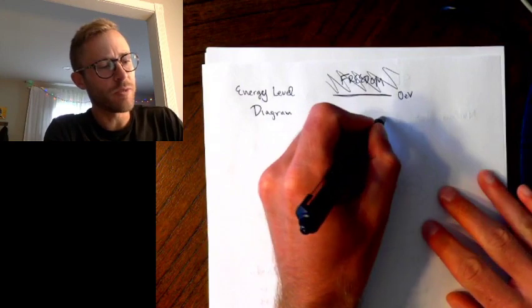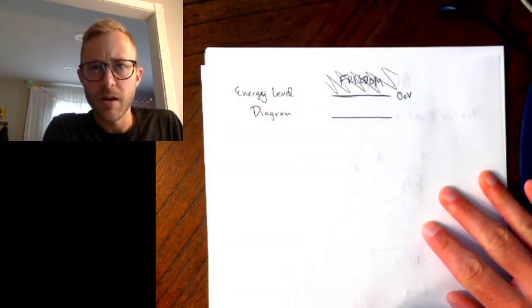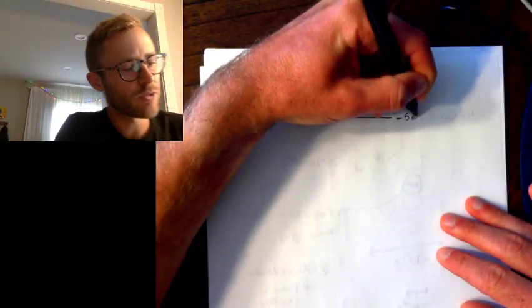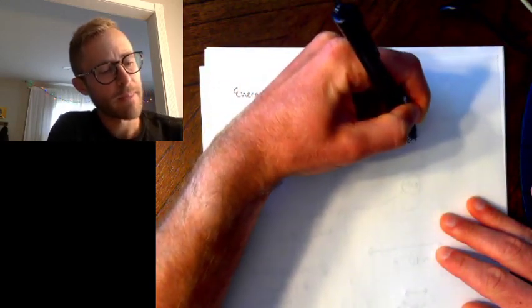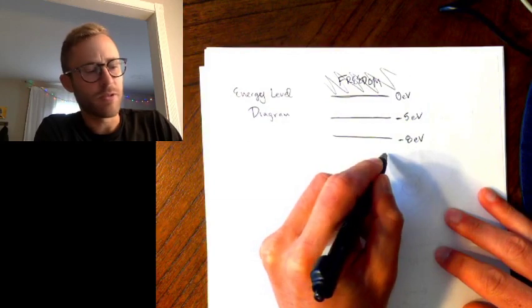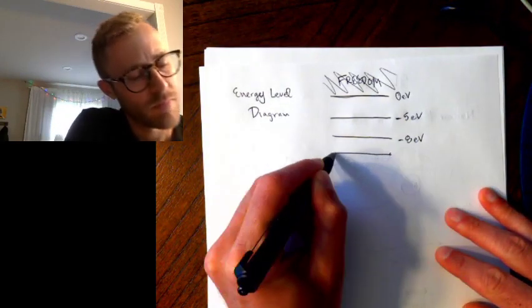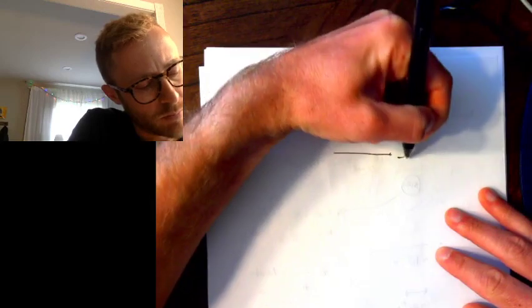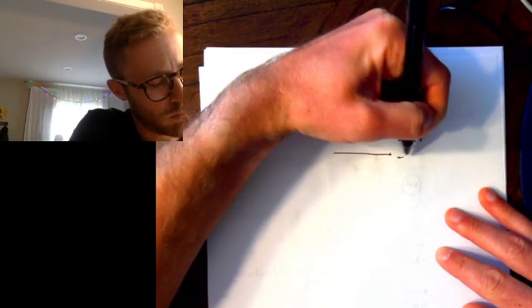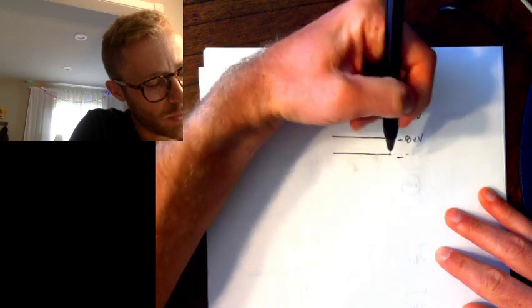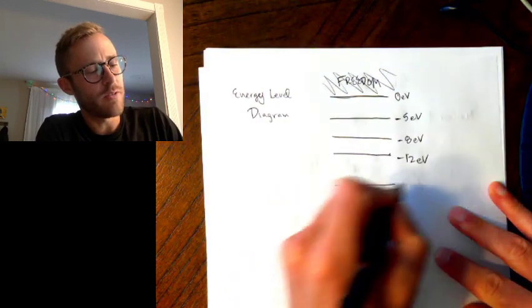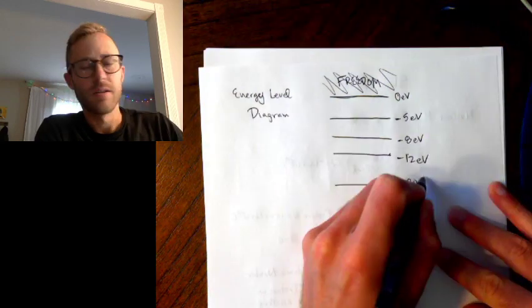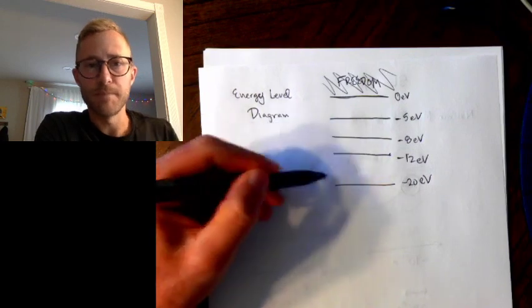And then maybe there's some energy levels down here. So maybe this is minus 5 eV, like I was saying. Maybe that's minus 8 eV. Maybe that's minus 12 eV. And then maybe this one is minus 20 eV. So we have 4 energy levels here.